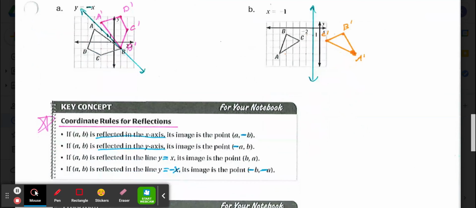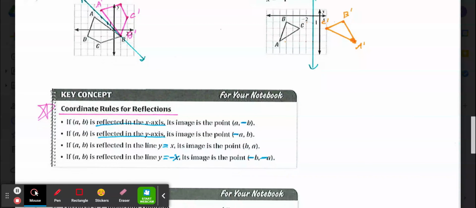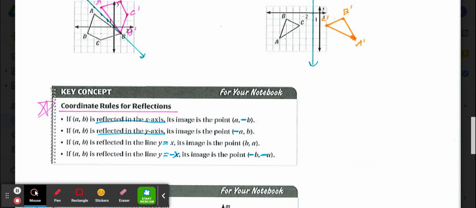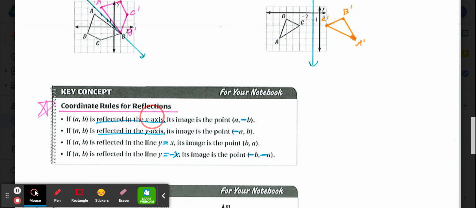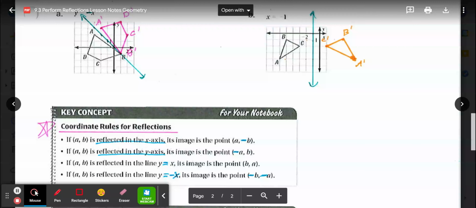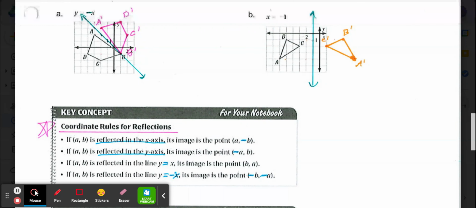So then we get to our 4 easy rules. So you don't need to worry about those opposite slopes as long as you remember these rules. So for example, if we have our original point (a, b) and we're reflecting over the x-axis, so we're reflecting over this axis right here, x-axis, which would be if y equals 0.